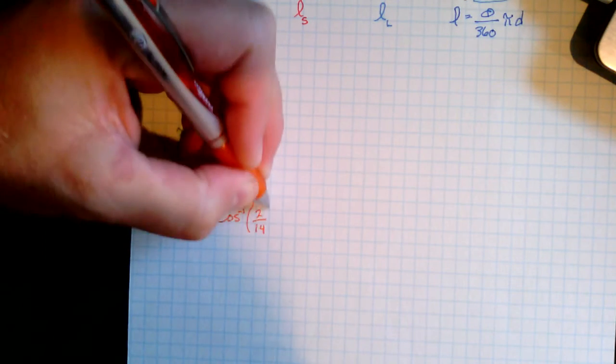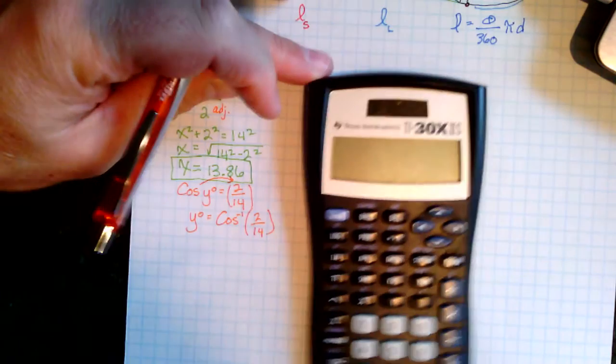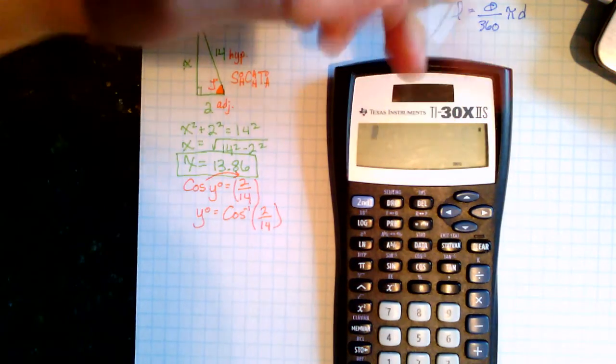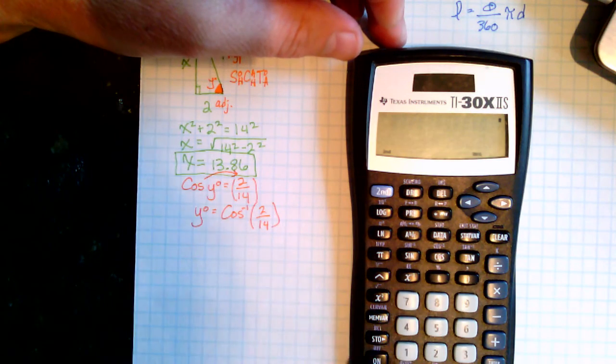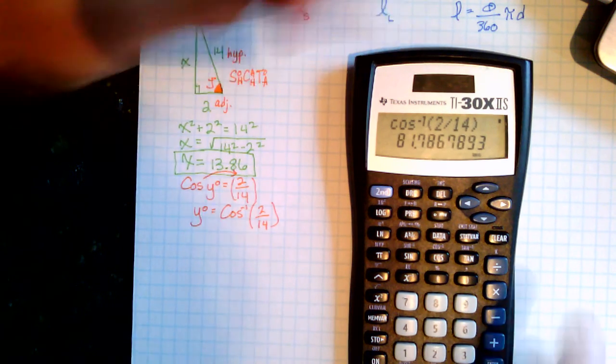So you have 2 over 14. Remember, in your calculator, it's super important to keep your calculator in degree mode. Then you enter this all in one step: use the second key, inverse cosine, 2 divided by 14, and you get your angle.